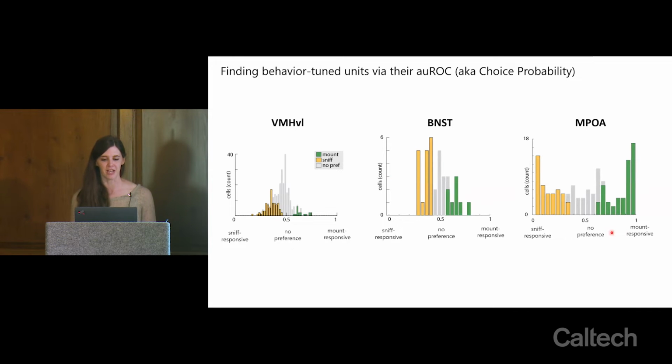Other areas might have a very strong preference for a particular behavior where you can very clearly distinguish signals from each other. So it's a helpful way to identify differences between brain regions, or differences between behaviors. If you have mount versus sniffing and attack versus sniffing, you could see if there's a greater separation of one pair of behaviors versus another.